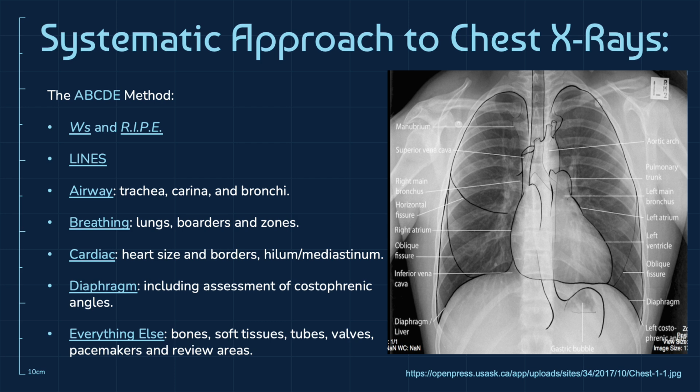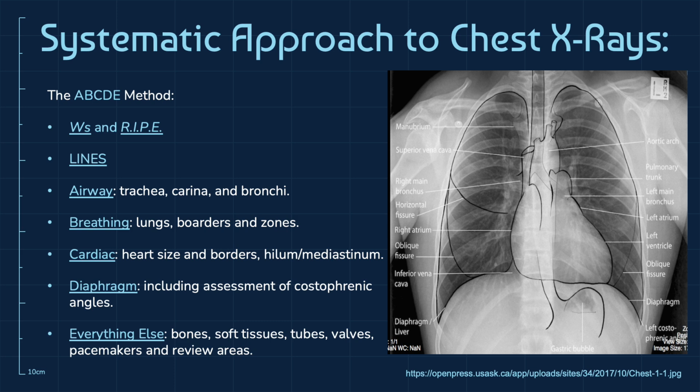Now, the reason this is put ahead of everything else is because when these tubes or lines are out of place, they usually are the most life-threatening. And it's important for you to recognize that they're all in the correct place before anything else, so that if they are not, you call the responsible physician and make sure they're readjusted.